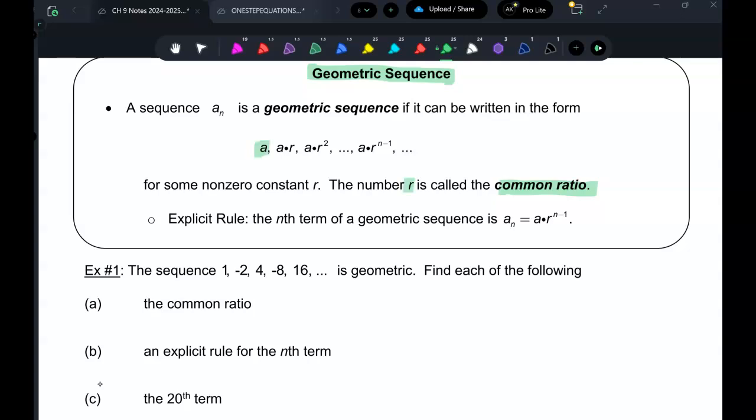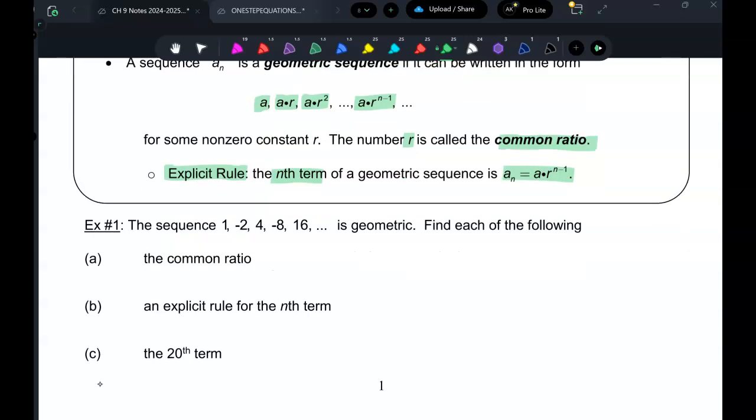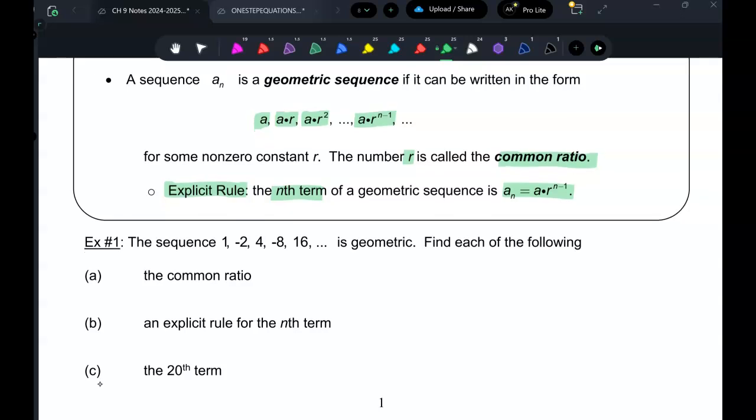We start off with a first term and then we multiply it. So the explicit rule, or the nth term, is given there. We don't worry too much about recursive rules for this class. Remember, recursive is when it depends on the previous term, a sub n minus 1.